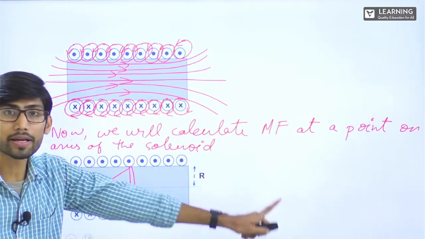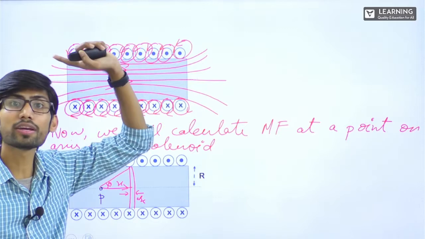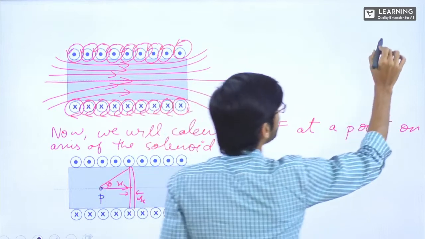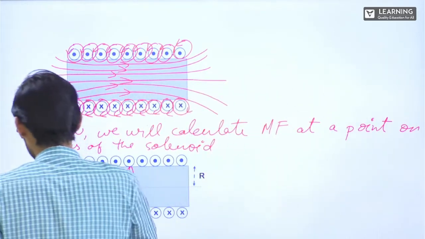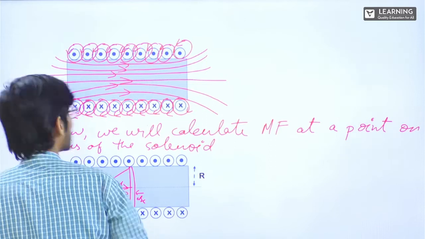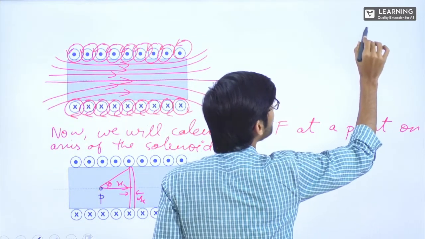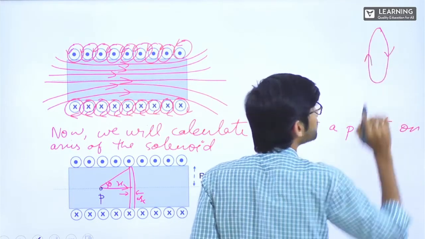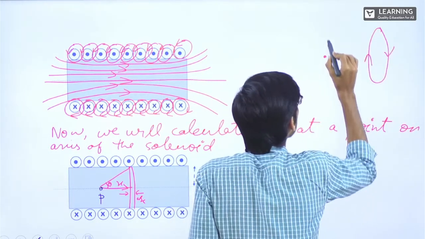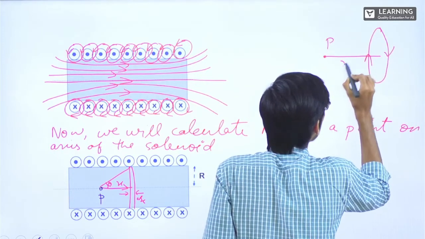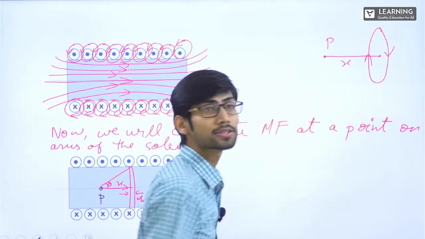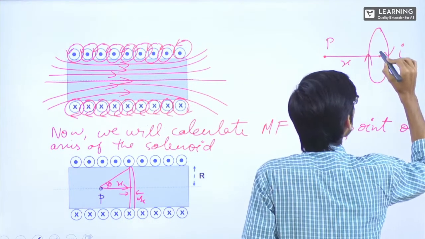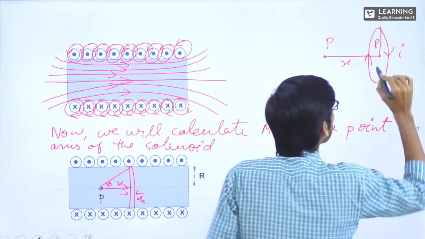For writing that small magnetic field, go to that formula where we have written the magnetic field due to one ring. If you remember, if there is a ring, let's say the current is flowing like this, at a point P, which is at a distance x from the center. This point is on the axis of the ring. If I have to write the magnetic field, let's say the current is I and the radius is R. Do you remember the magnetic field?